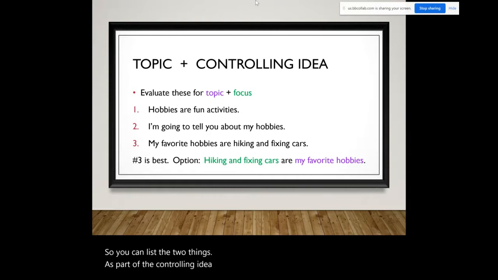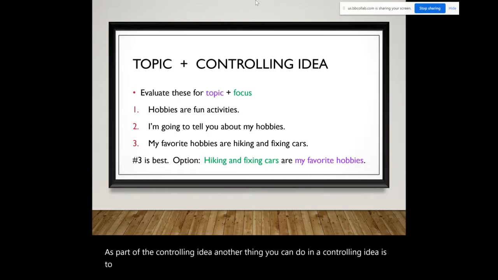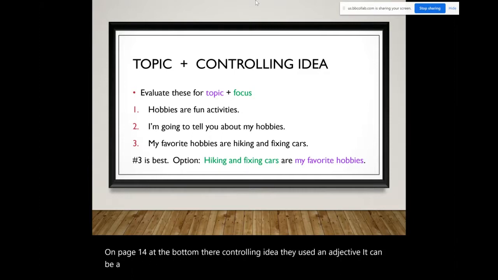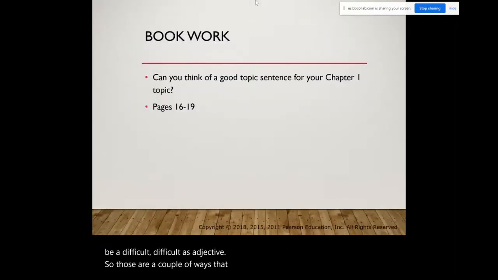Another thing you can do in a controlling idea is to use adjectives. That's what they did on page 14 at the bottom. Their controlling idea, they used an adjective. It can be difficult. Difficult is an adjective. Okay, so those are a couple of ways that you can help yourself make a good controlling idea.